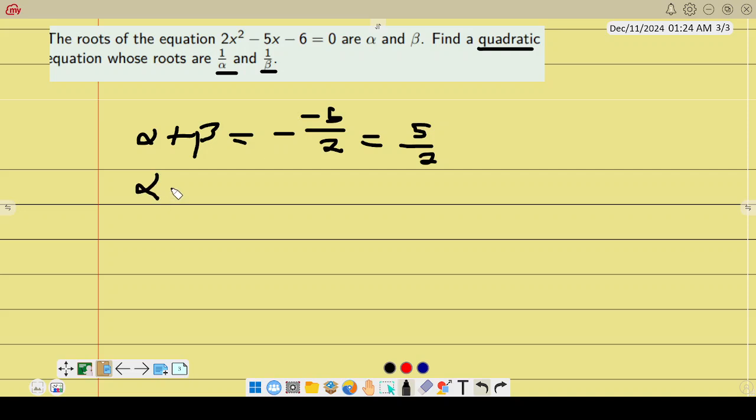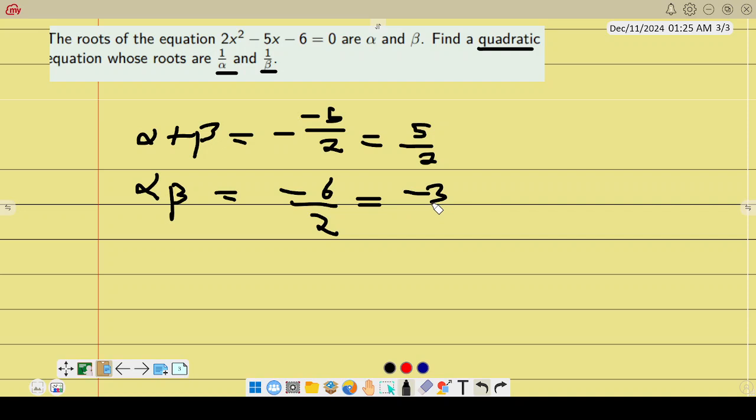For the product, we say c over a, which is negative 6 over positive 2. So the product is negative 3.